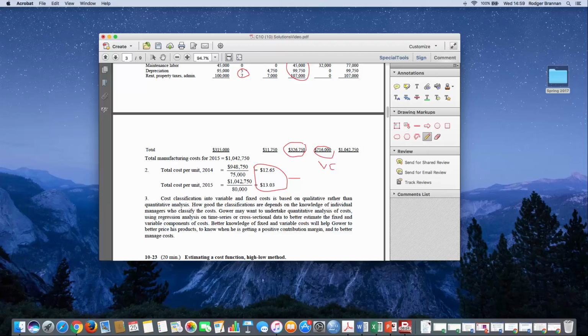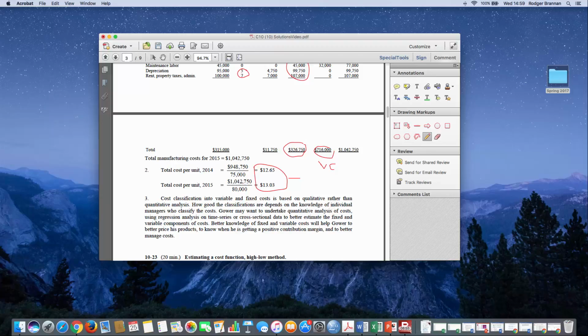In this case, 1303. What that means is that that's the minimum sales price that I need to achieve in order to recover all of my manufacturing cost. Now, I would like to have a sales price be something greater than that because I may have other non-manufacturing costs that are going to need to be covered.